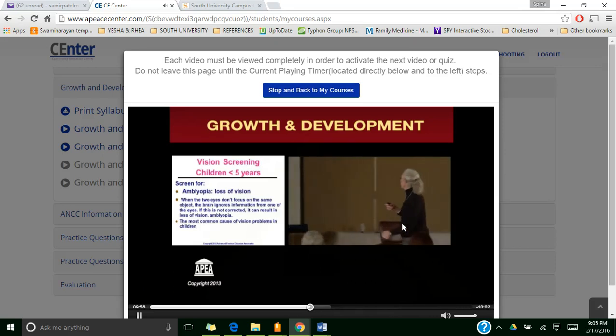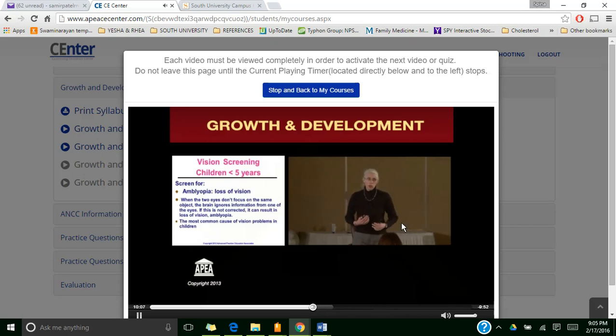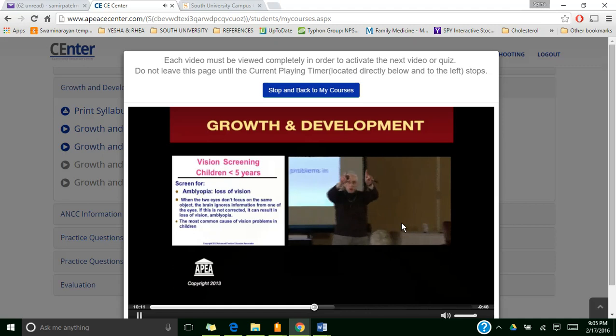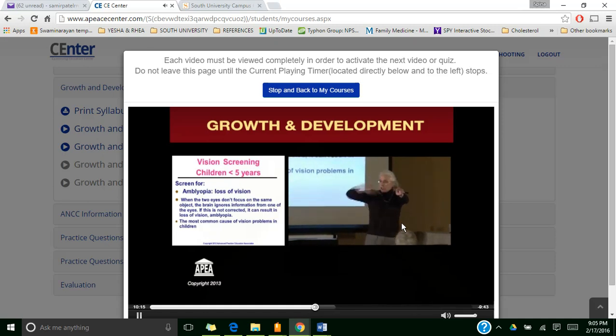The brain says, I can't take all that. Just give me one set of information. And the brain will negate the information from one eye. The eye that has the information negated in the brain begins to lose its ability to see. That loss of vision is called amblyopia.